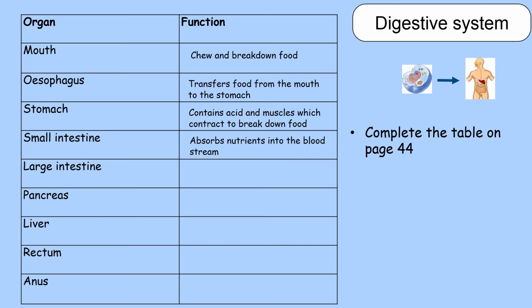So the small intestine has quite a strong blood supply, and if you look at that video that we've put up in the link, that video with the camera shows quite clearly that blood supply being very close in the small intestine, and it's passing those nutrients straight into the bloodstream. From the small intestine, we're moving into the large intestine, and the large intestine absorbs water into the bloodstream.